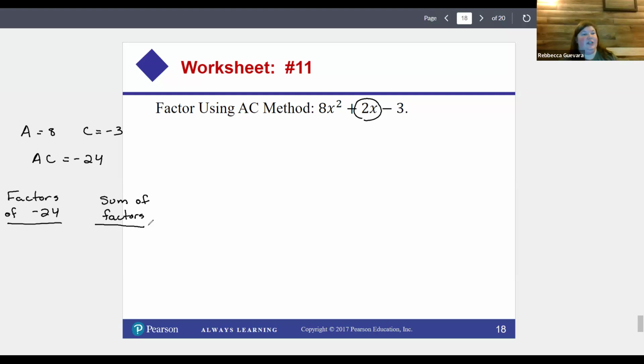So I'm pretty sure the 1 and 24 and things like that are not going to work. But what I think could work is maybe 6 and 4. One of them has to be negative.